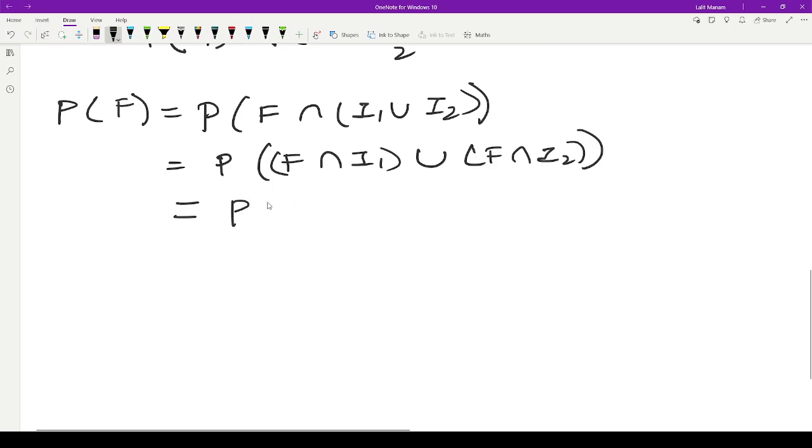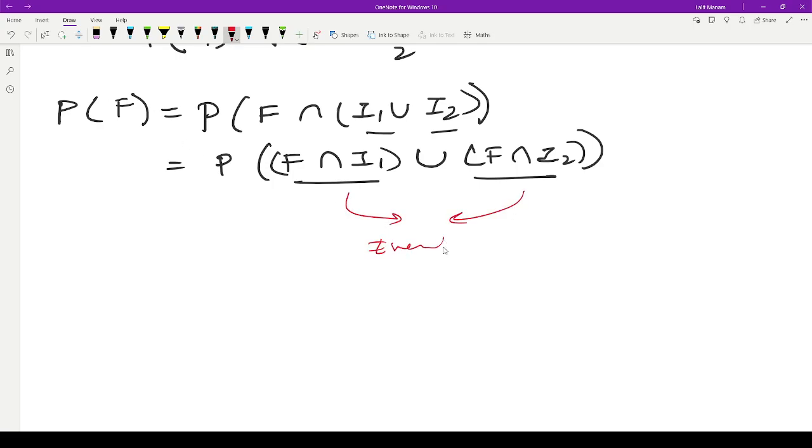Since I1 and I2 are different images, these events are disjoint. So I should write it, I guess, for more clarity, that events are disjoint. Okay, so once these events are disjoint, it's just the sum of the two probabilities.